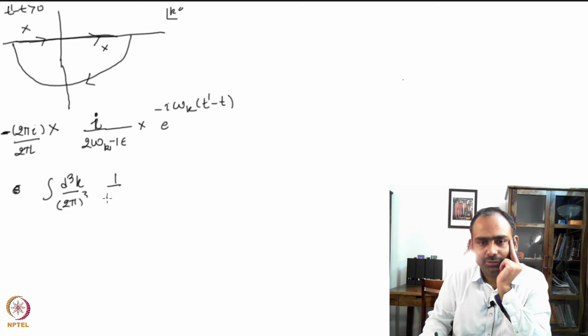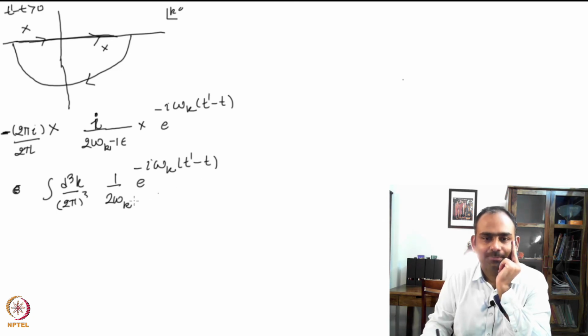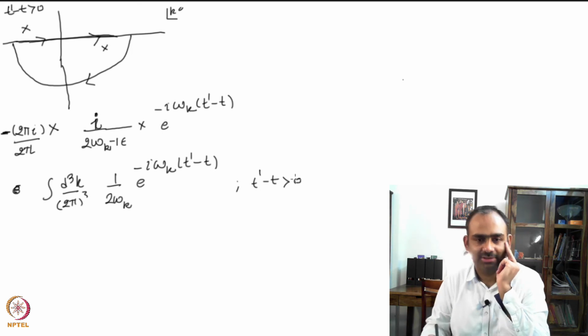So, I have 1 over 2 omega k, and I can leave out the minus i epsilon, e to the minus i omega k (t prime minus t), and remember that we have to take t prime minus t to be positive.